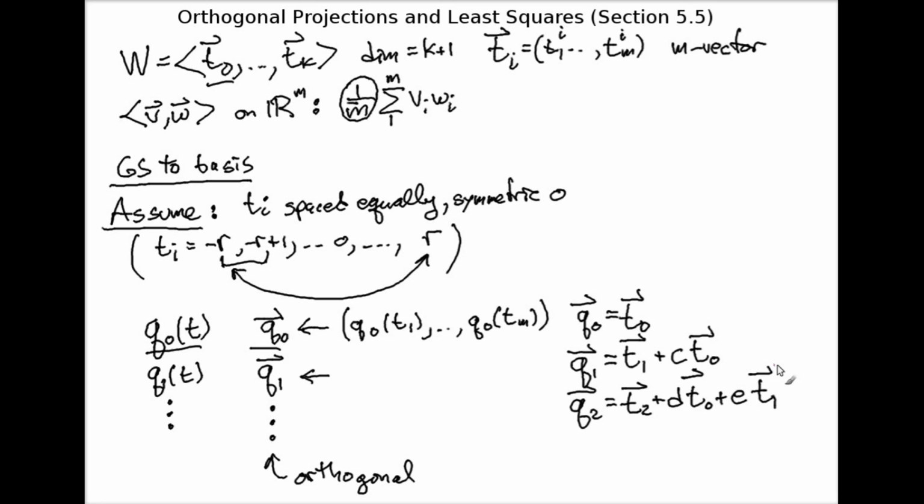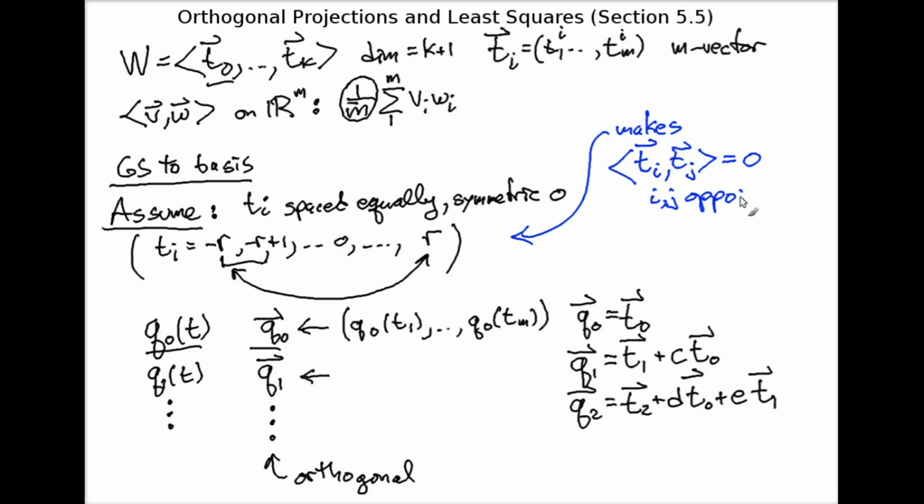And the key fact is that this assumption makes this inner product of Ti and Tj equal to 0 if i and j are of opposite parity.